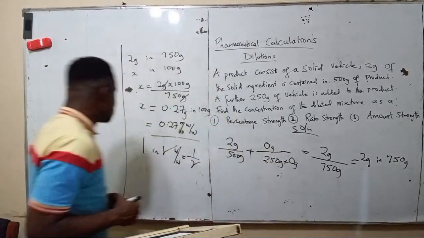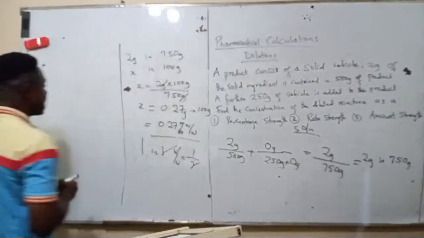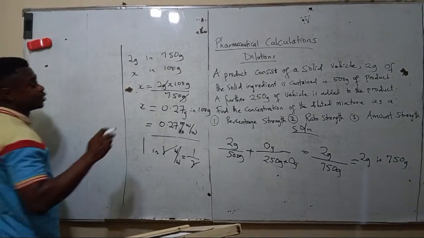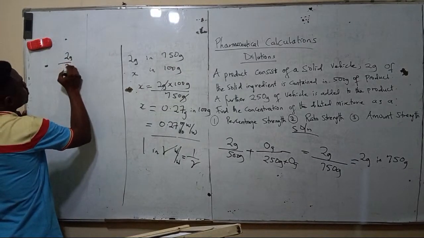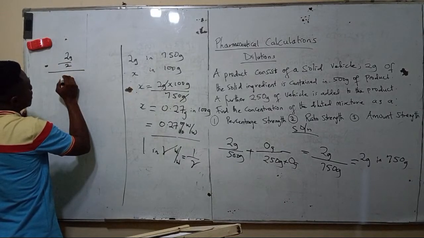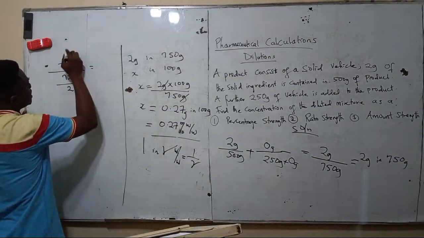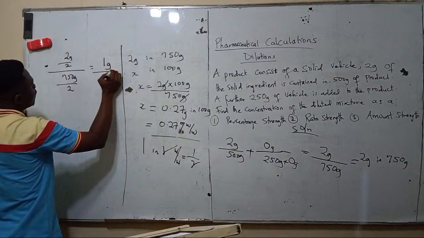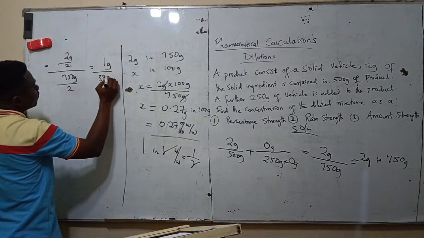So if we divide both the numerator and the denominator by 2, we have 2 grams over 2, all over 750 grams over 2, which is 1 gram over 750 divided by 2, which is 375 grams.